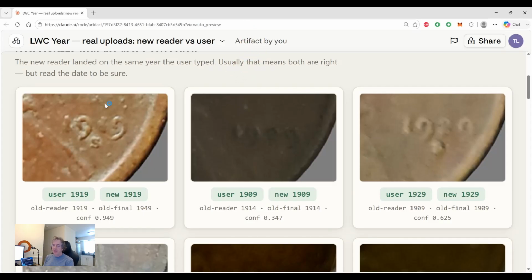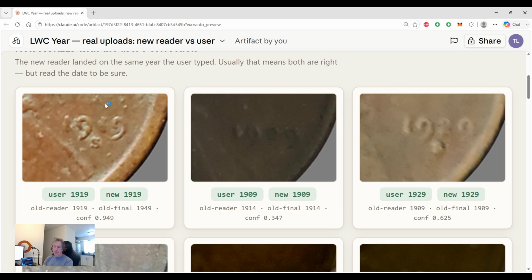In this case, we're looking at different mint marks. Actually, this is year; I do a very similar thing for mint marks. I'm looking through to see, I have a new mint mark detector on wheats, and it's showing what was wrong before and is right now, and then we'll go down and see some that are still wrong.